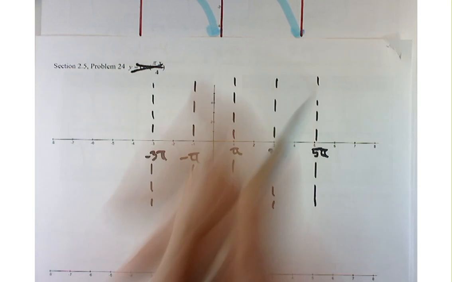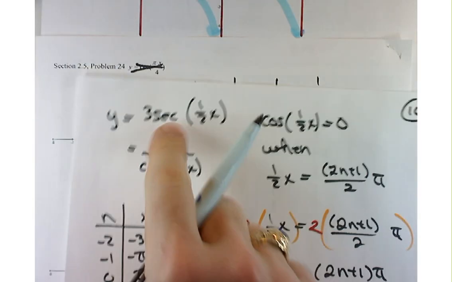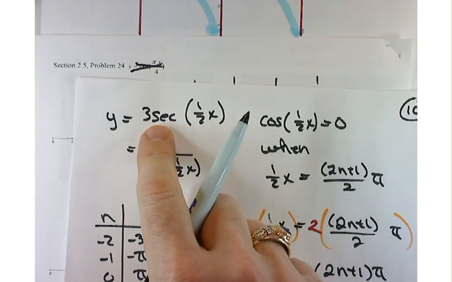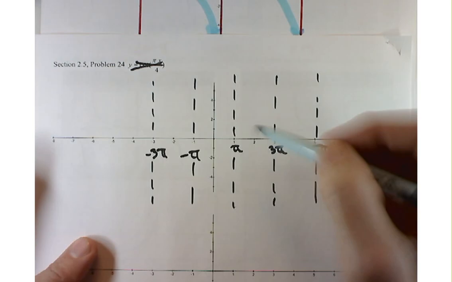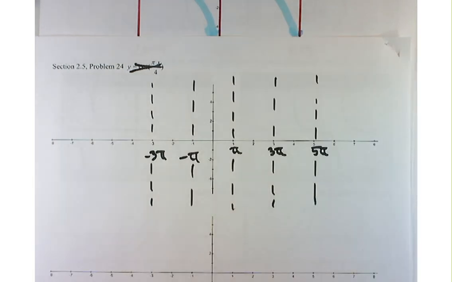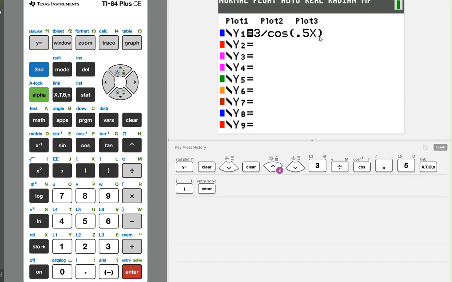I know it's going to go down to a minimum of 3 and up to a maximum of negative 3. I just got to figure out where that shape starts and where that ends. You could do that by graphing this on your graphing calculator. So that would look like this.